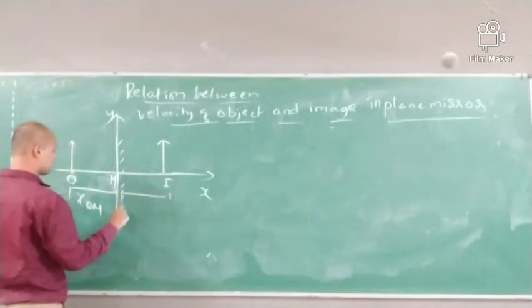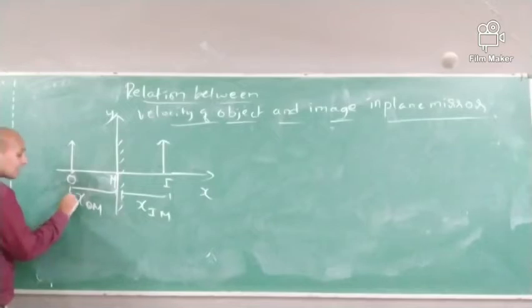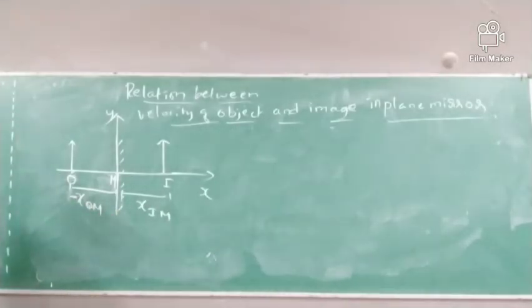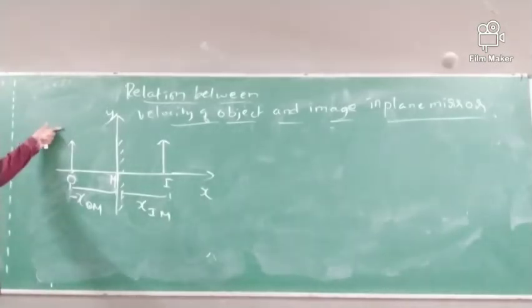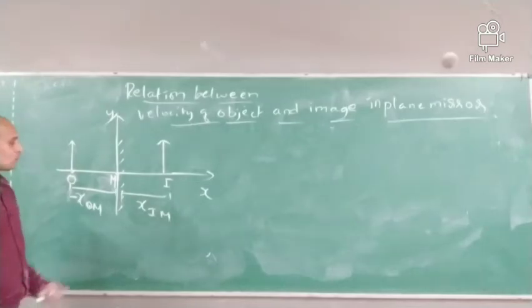So this distance will become XIM. If I take directions, this will become minus XOM, this will become XOM. If you are measuring along the y-axis, YOM with respect to the mirror will be equal to YIM.